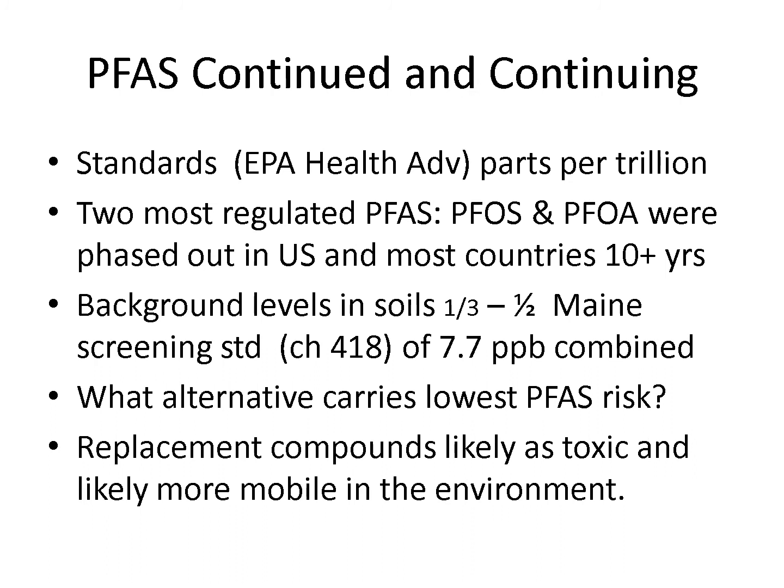So what are the standards and what are we dealing with in terms of PFAS and biosolids? The EPA has a health advisory at 70 parts per trillion. That is a drinking water advisory only level and applies to two PFAS compounds, and those were the two compounds that were originally the most widely used.